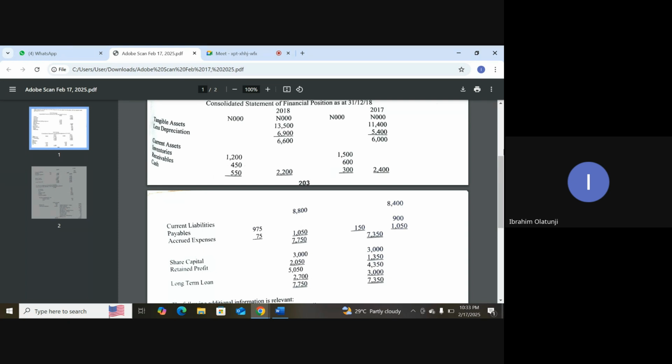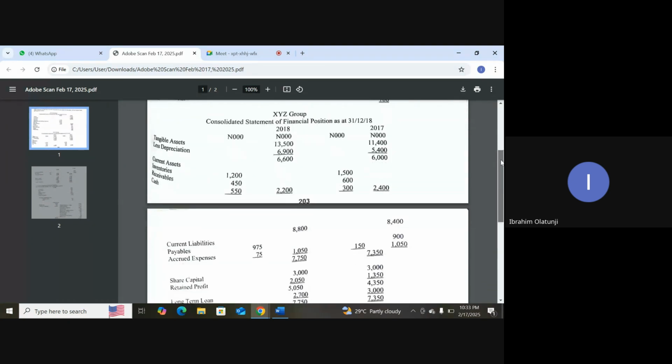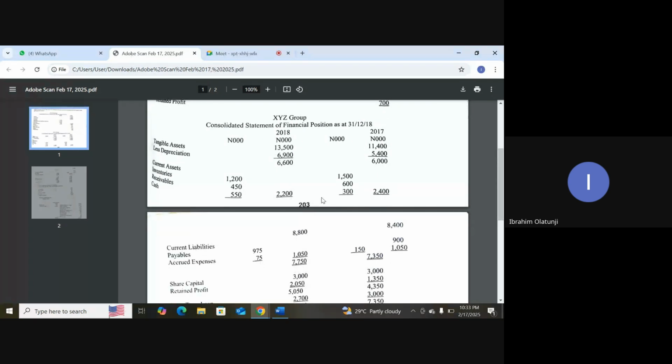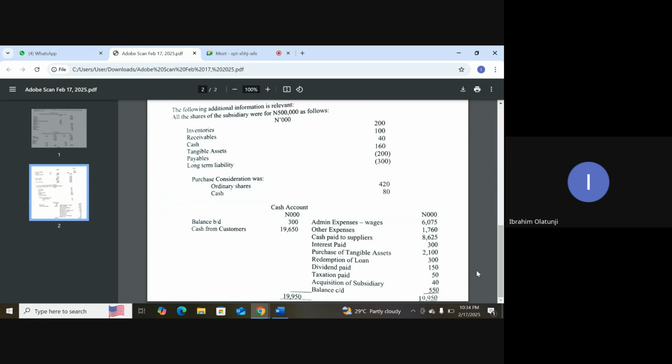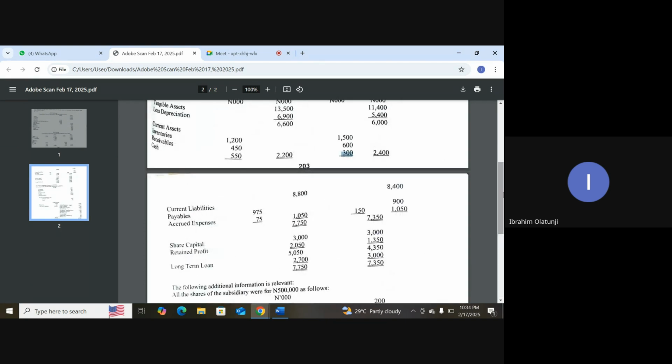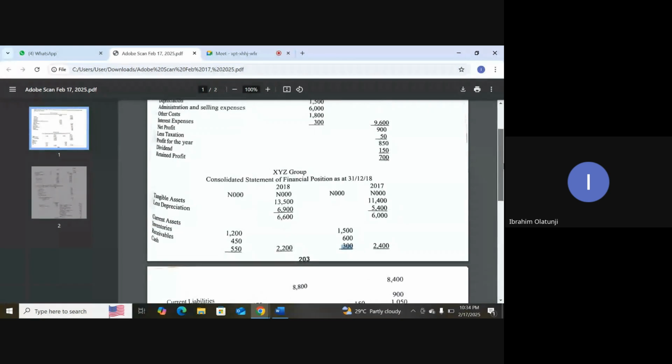So opening balance is actually your 2017. Look at the cash opening balance of 2017. It is 300 naira. So the closing balance is 550. That is what the examiner is actually talking about. I'm only giving you the concept of where you will see it. You definitely see it from your balance sheet.